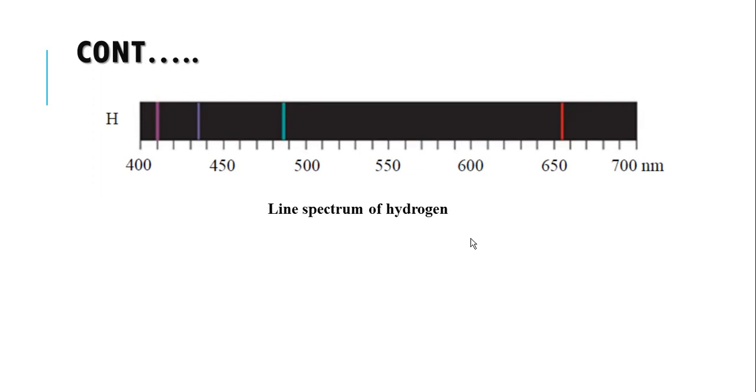Already we said when the radiation emits all wavelengths, you can see lights of all colors, and that is called the continuous spectrum. But the line spectrum produces light only at particular wavelengths. That is what we call the line spectrum.